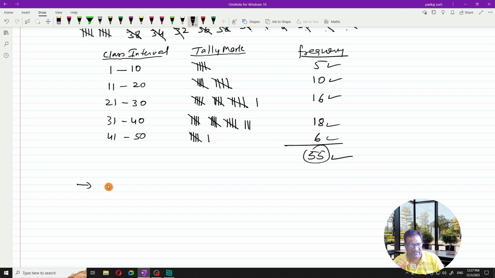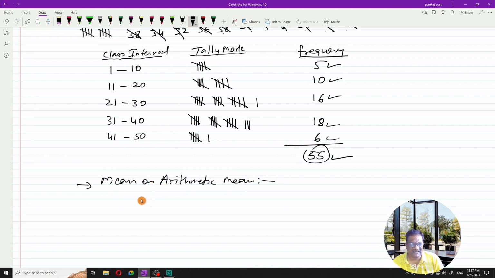You have to analyze the data, and find something called the mean, also known as the arithmetic mean. This is something that you have to find out.